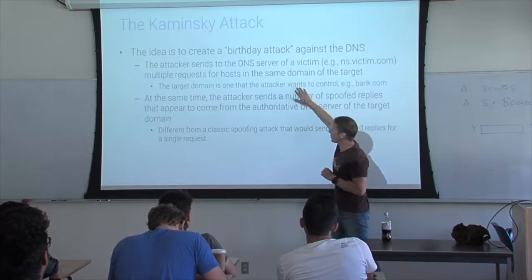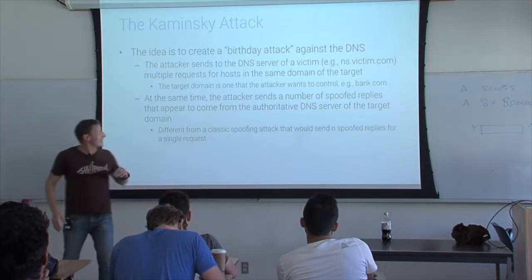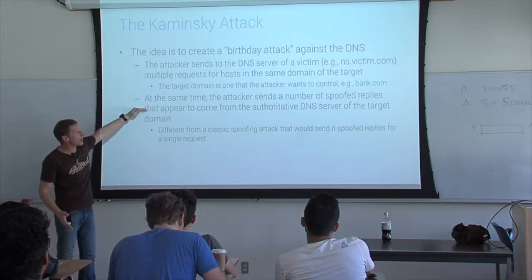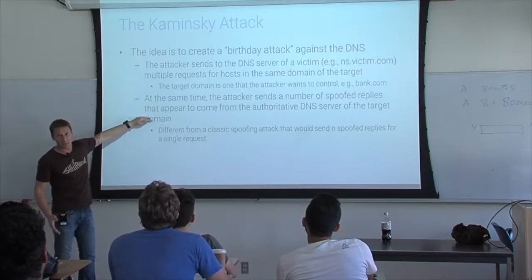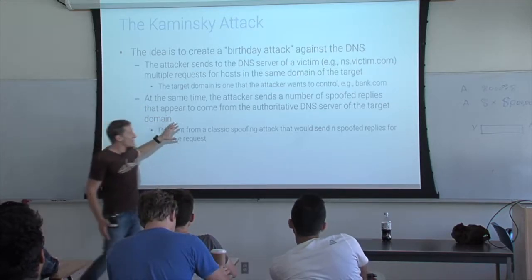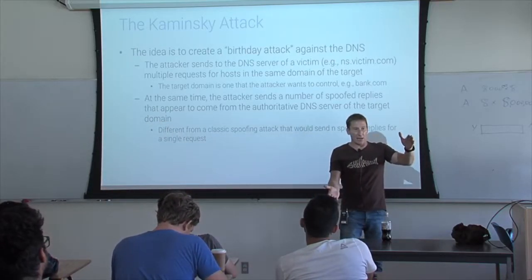The target is what you want to impersonate. At the same time, the attacker sends a number of spoofed replies that appear to come from the DNS server of the target, the one that you want to impersonate.